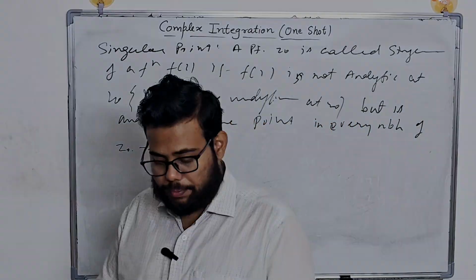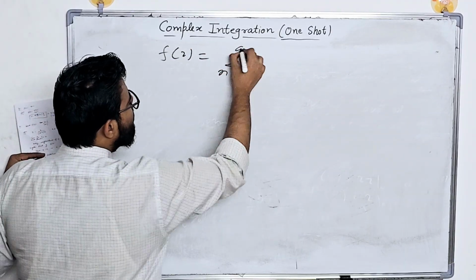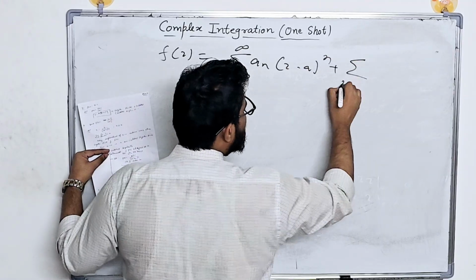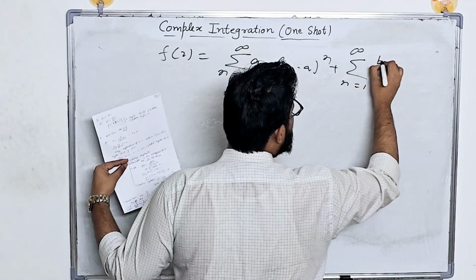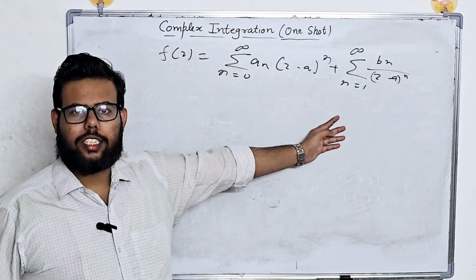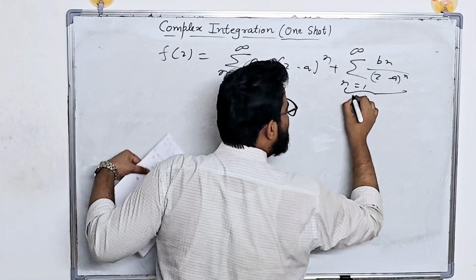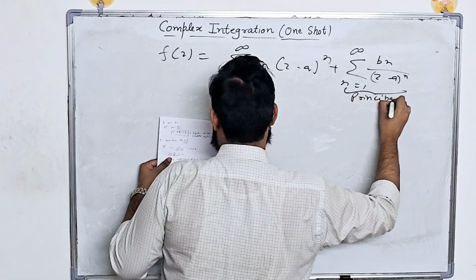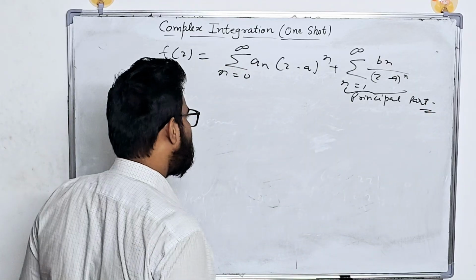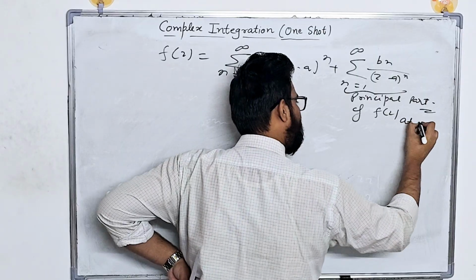So let's see them. If you remember, f(z) was equal to summation n equal to 0 to infinity a_n times the quantity (z minus a) raised to power n, plus the summation n equal to 1 to infinity b_n divided by (z minus a) raised to power n, right? This expression was the Laurent series. So this is called the principal part.